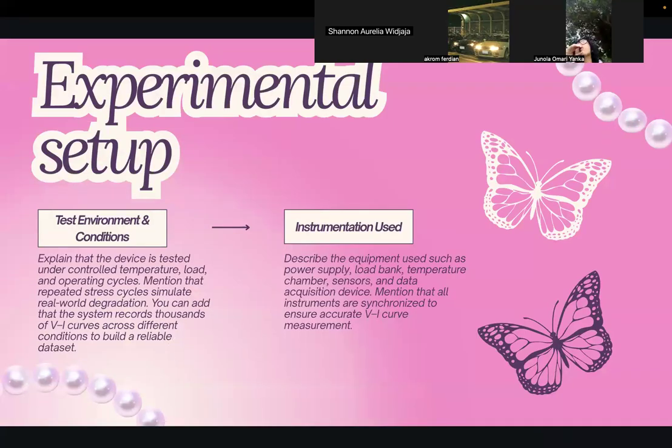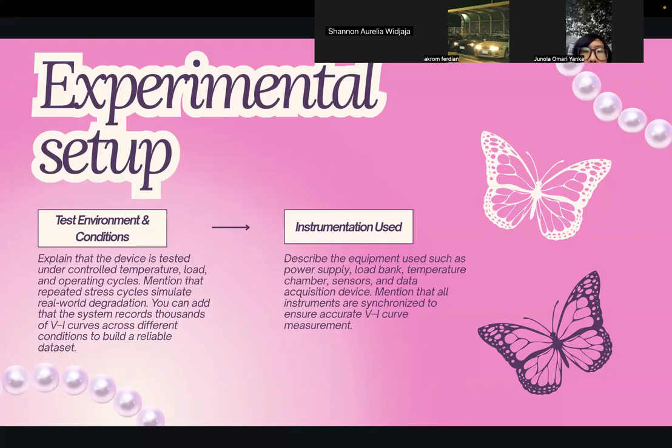So in order for us to test whether or not the monitor system works, we need to have an experimental setup. The test environment and conditions used in the paper itself, the monitoring system needs to be used in a controlled temperature environment with a controlled load and controlled operating cycles, controlled frequency and period amplitude.